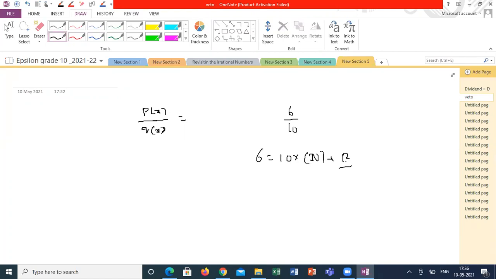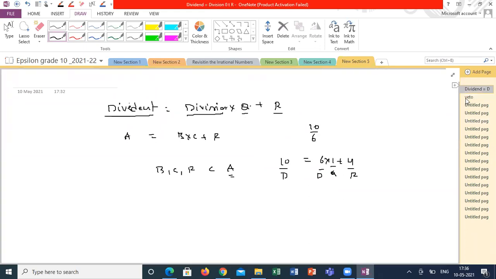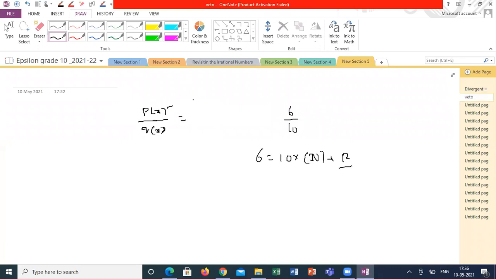Like this, if I am dividing P of x with Q of x, where P of x is the dividend and Q of x is the divisor, the index of P of x must be greater than or equal to the index of Q of x.